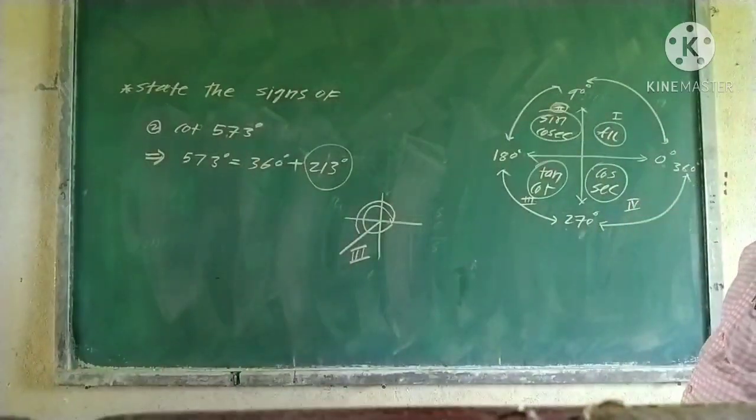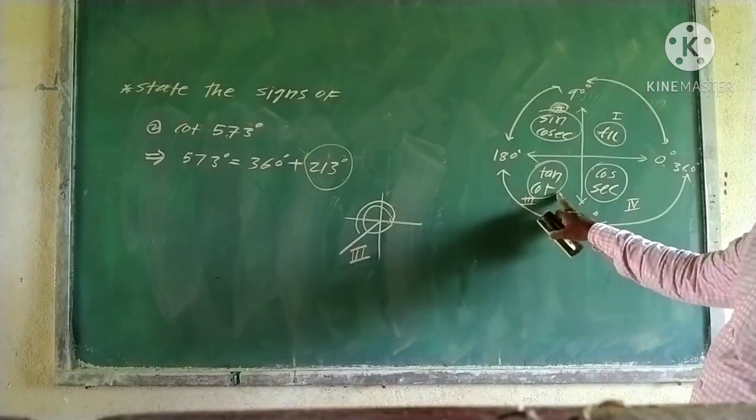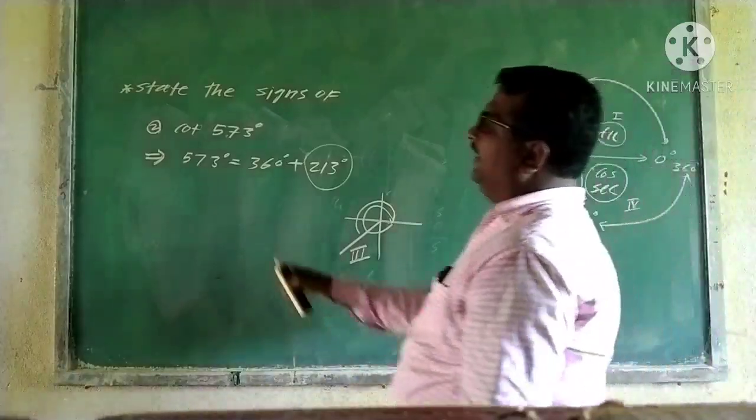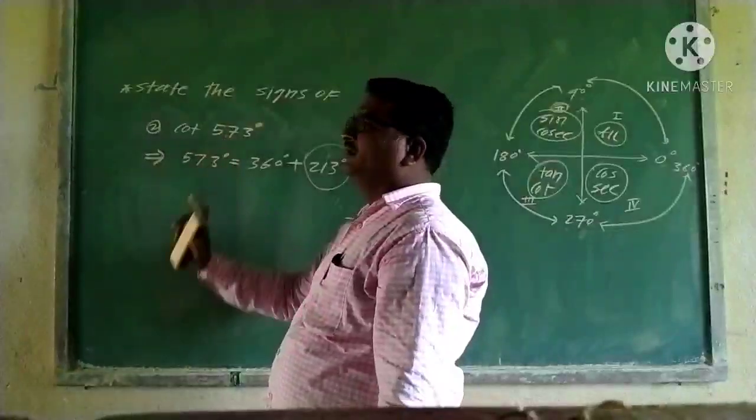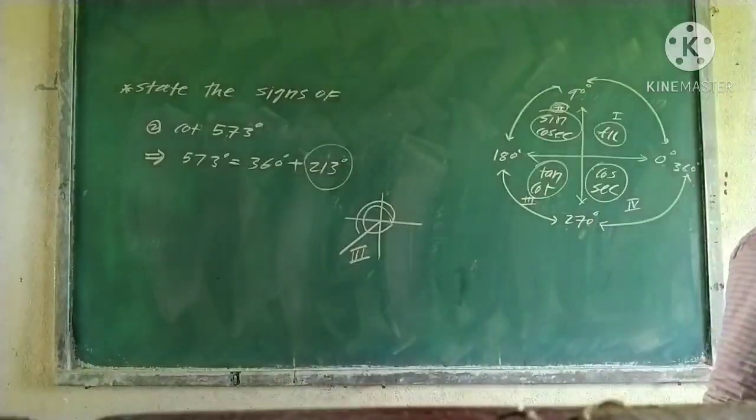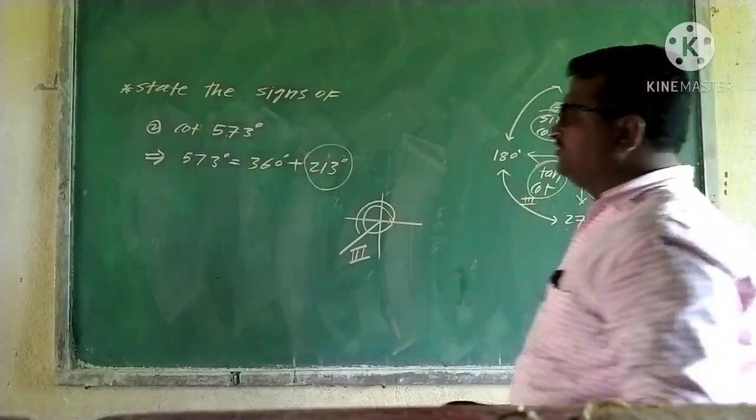We know that in the third quadrant tan and cot are positive, which means the sign of the given trigonometric function is positive.